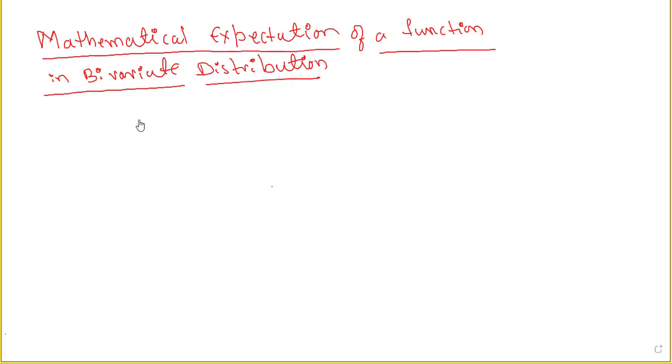Now we are going to discuss the expected value of any function g of x, y. How to find this? This is nothing but a double summation. Why double summation? Here we have two random variables, one i running from 1 to m and one more j running from 1 to n.